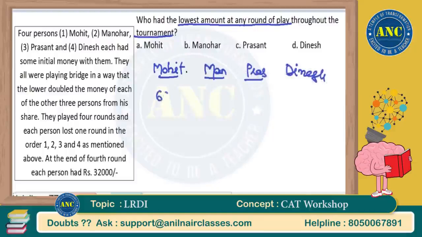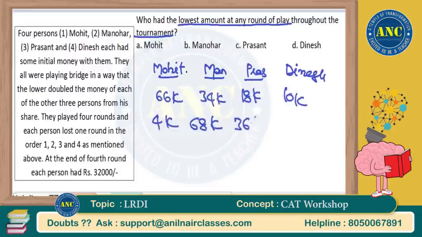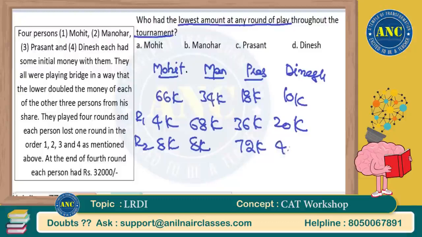I will write the table once again. 66K, 34K, 18K, 10K. Next is 4K, 68K, 36K, 20K. These are after the first round. Second round, what is the value we got? 8K, 8K, 72K, 40K.